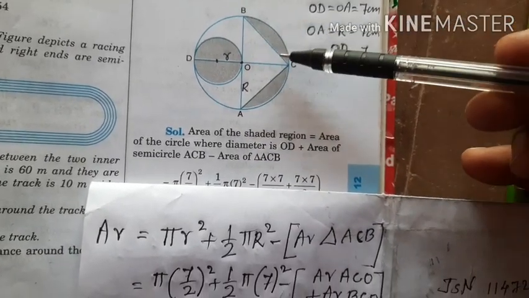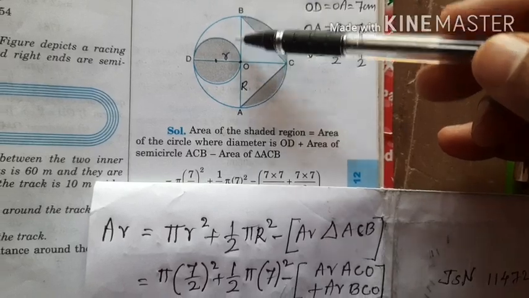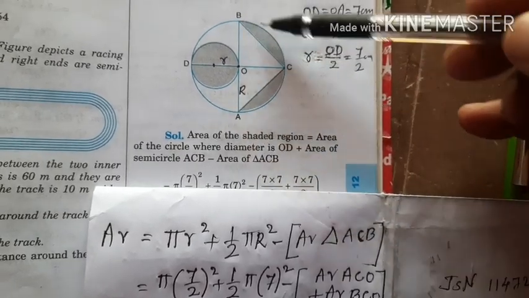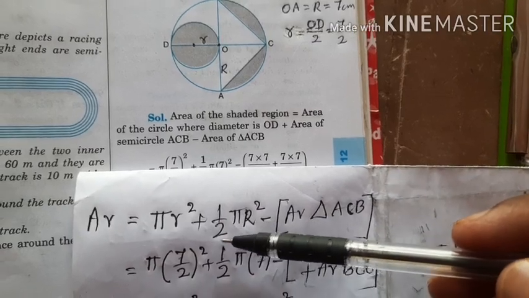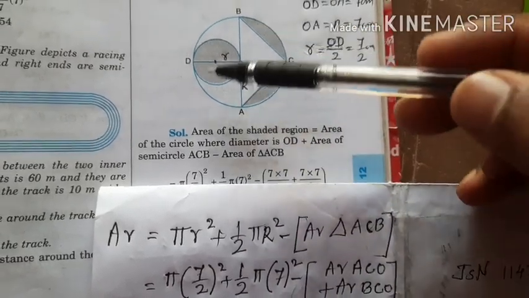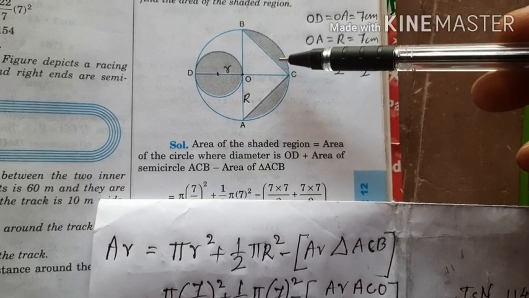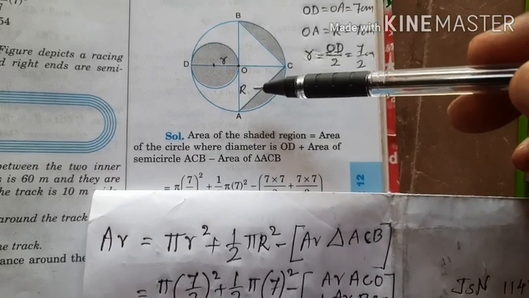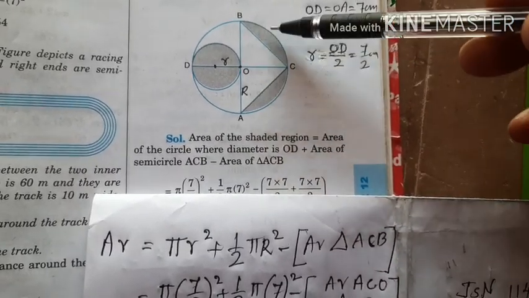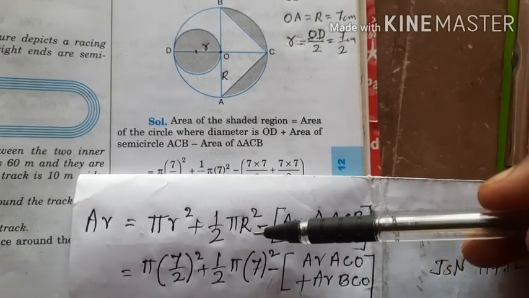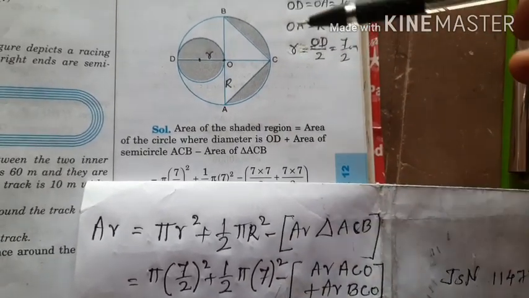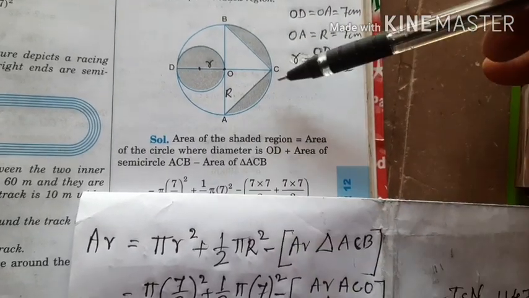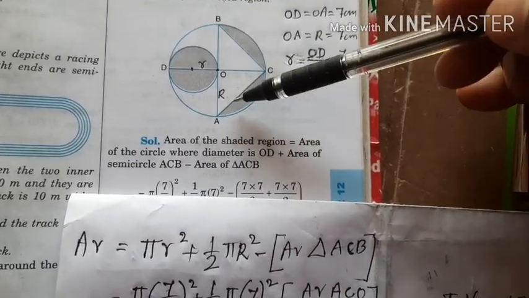For this semicircular region ABC, I have the formula half into pi R square, because the full circle area is pi capital R square and the semicircular region area is half pi capital R square, minus this area of triangle ACB, which is a right angle triangle.